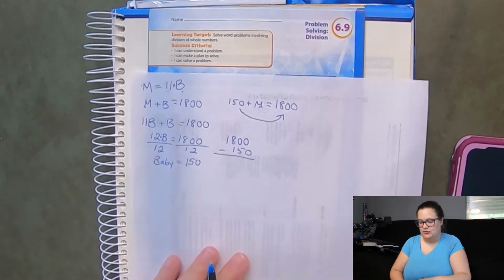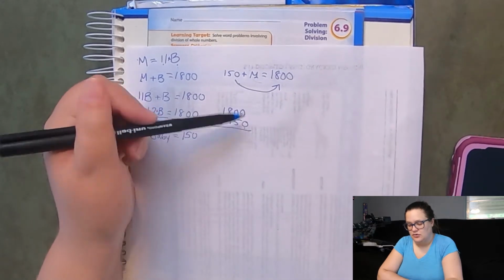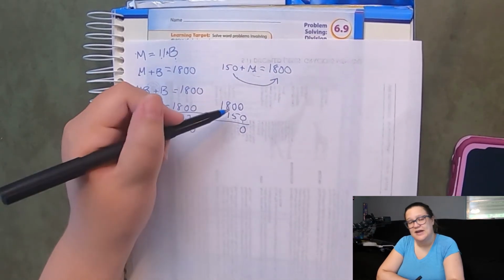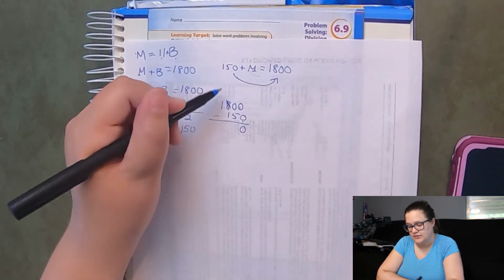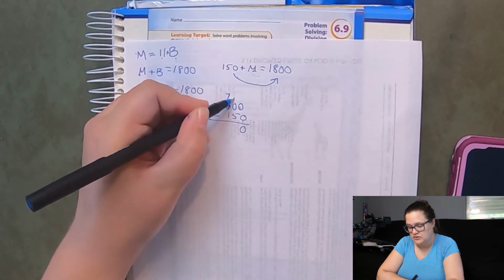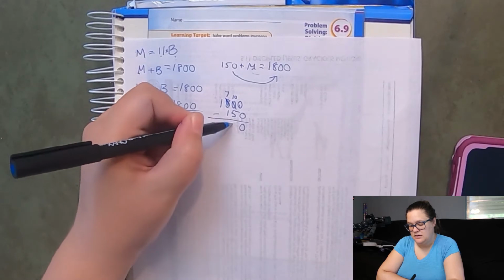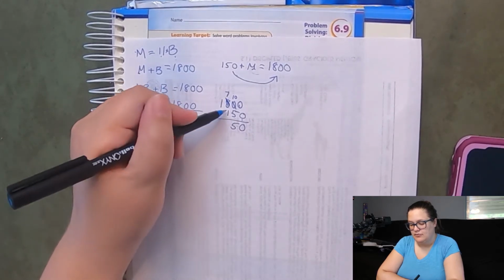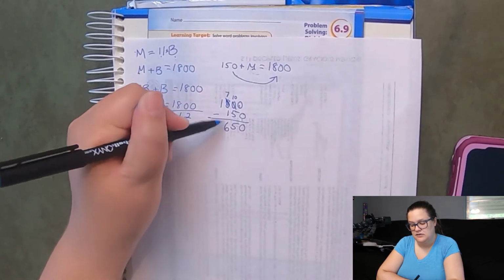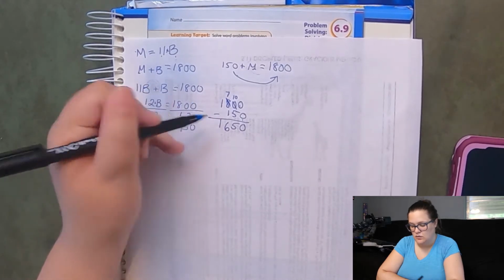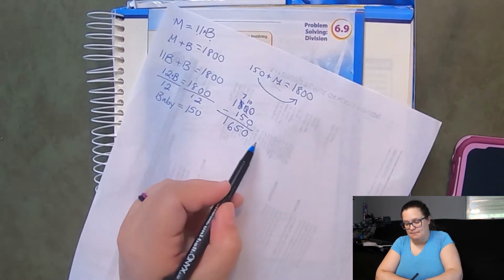Alright, let's subtract to find mom. So 0 minus 0 is 0. You cannot subtract 5 from 0, so we're going to come over here and take one of these. Okay, so now we have 10 minus 5 is 5. 7 minus 1 is 6. And 1 minus nothing is 1. So this is mom.